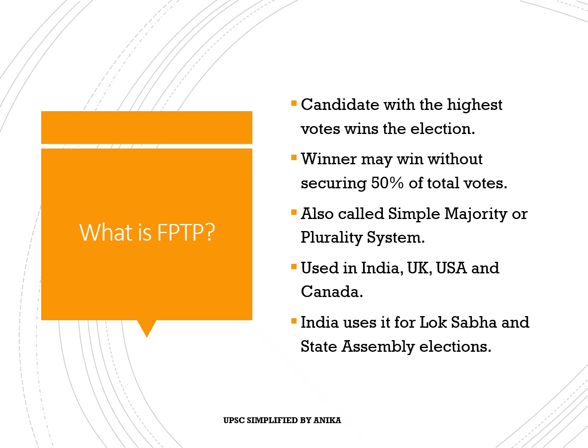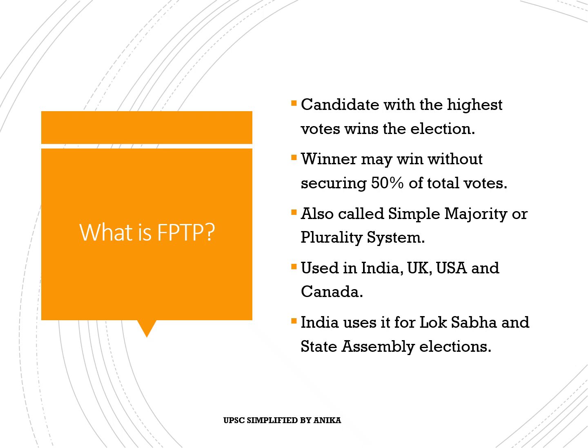In this system, voters cast their vote for one candidate of their choice, and the candidate with the most votes wins the election, even if they secure less than 50% of the total votes. This situation usually occurs when more than two strong candidates contest the election. The system is based on the idea that the candidate who crosses the winning mark first is declared elected.